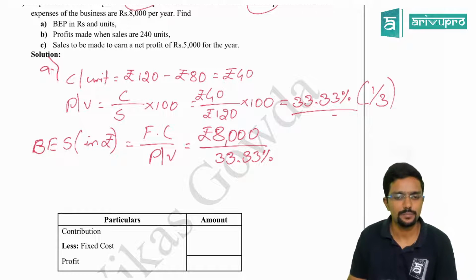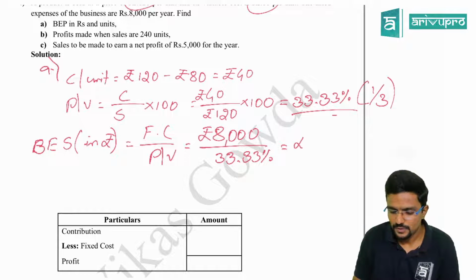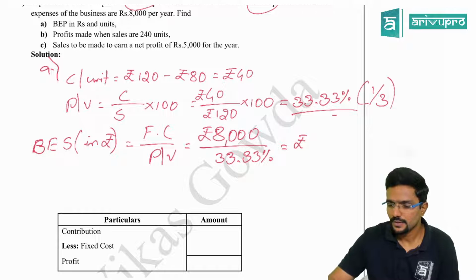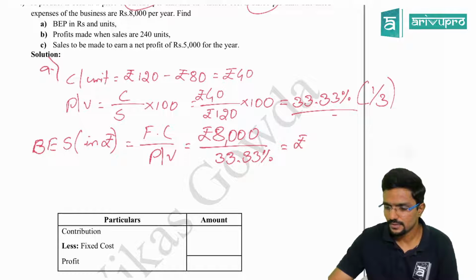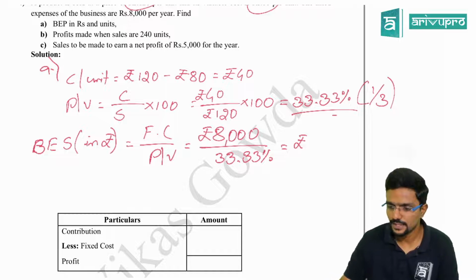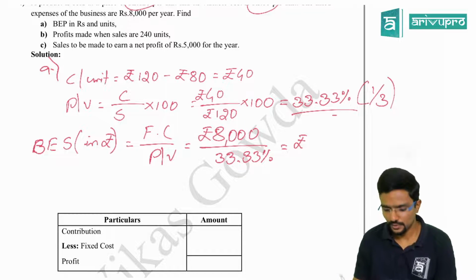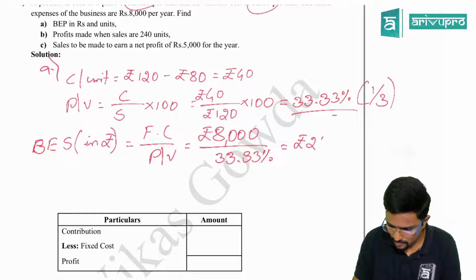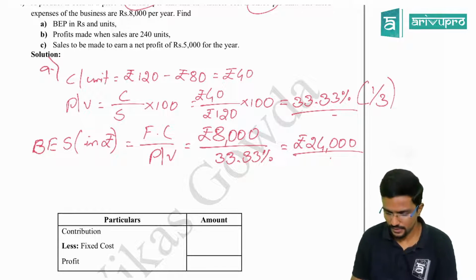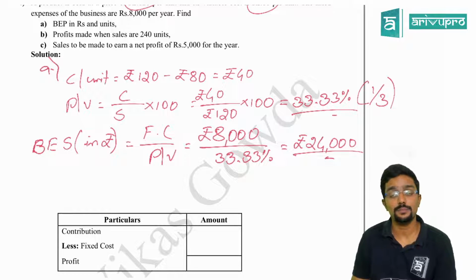So 8,000 divided by 33.33%. It is 24,000, guys.